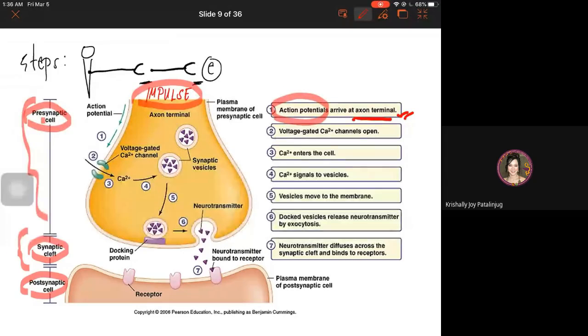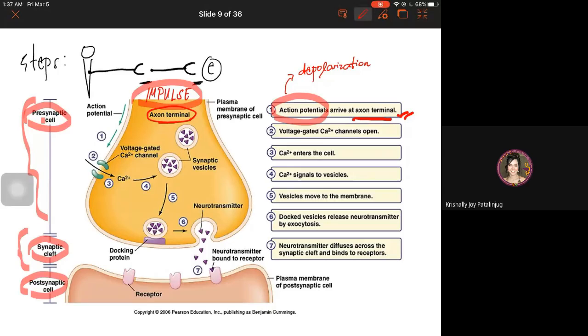Tandaan, when action potential happens, there is depolarization in the presynaptic cell membrane.